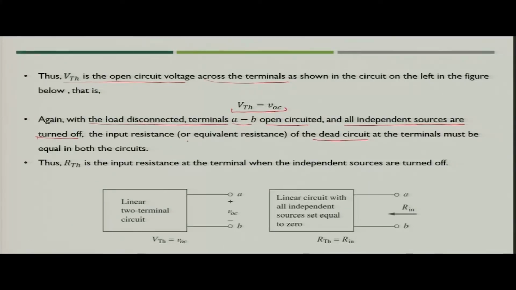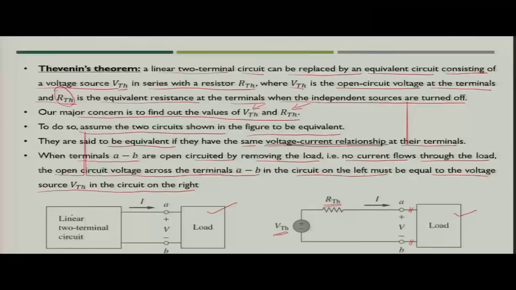Now, the equivalent resistance which you will measure between these two terminals A and B would be equal in both of the cases. In case 1, where you have the linear two terminal circuit, you will take all the sources off and measure the RTH here. Similarly, if you measure RTH here, it will be this value, because in that case this would be short circuited.